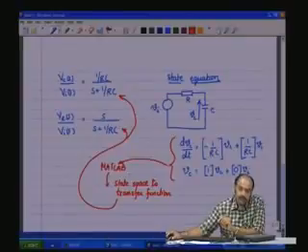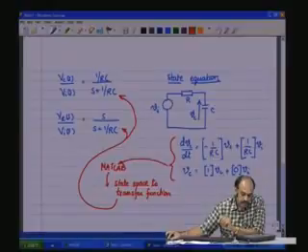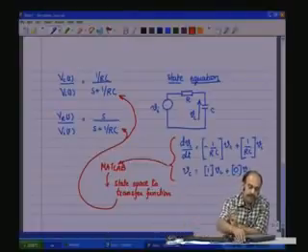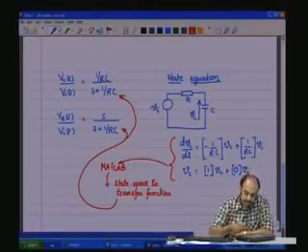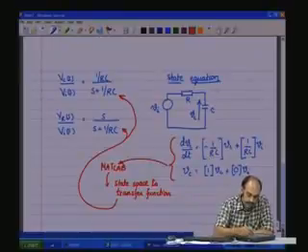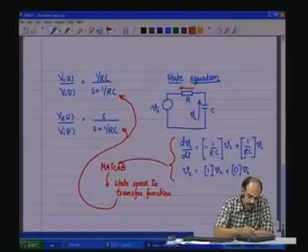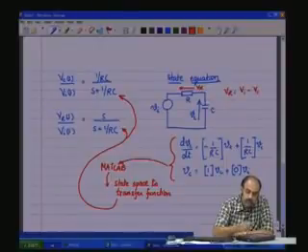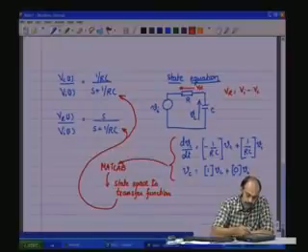So, going back here to this portion, I would like to see what would happen to the output equation when you want an output here as VR instead of VC. You see that VR here, this is VR. What is VR? VR is nothing but VI minus VC. So, how does it reflect here?